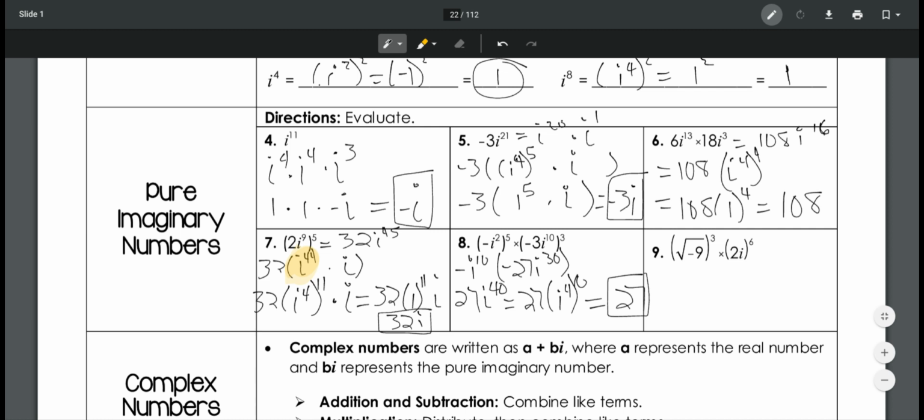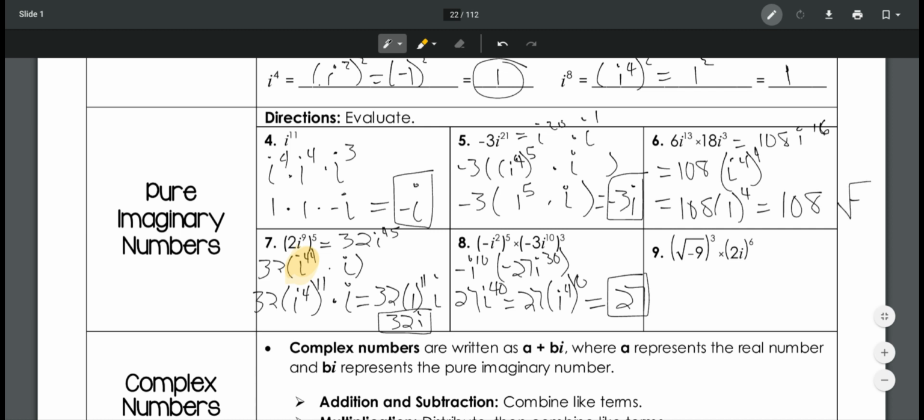Final example for this particular section is that we're going to use the product property, or the power property, and then the product property again. So the square root of negative 9 raised to the 3rd power, I'm going to break down the square root of negative 9.